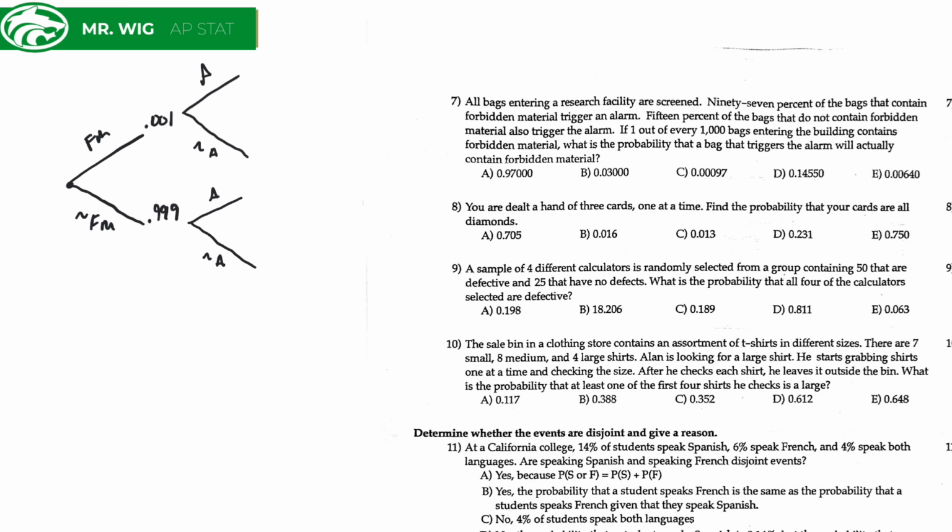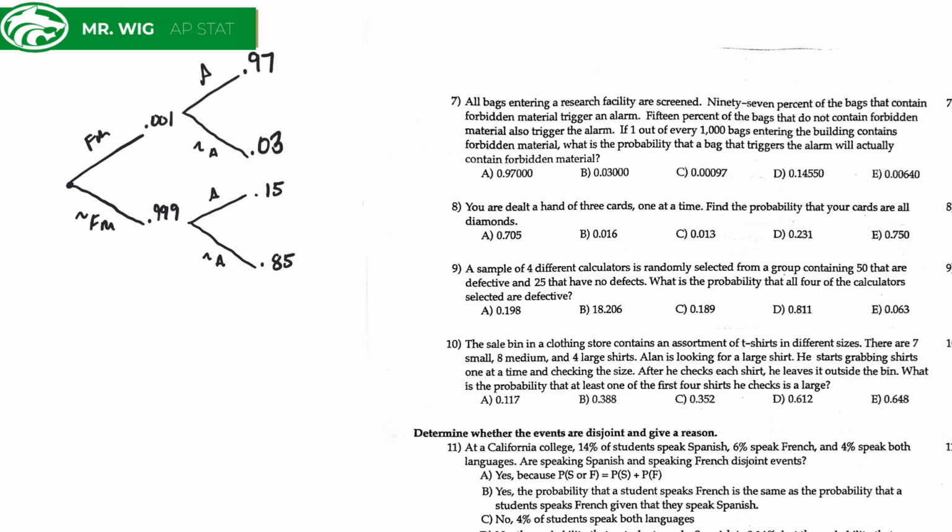Because the probabilities will change based on the path that I take. So when we are following this path down, I'm literally saying if it has forbidden material, the alarm goes off what percent of the time, and you are correct, it is 97%. That would mean there's a 0.03, not 3, not 0.3, but 0.03. 0.3 is 30%. I see that mistake a lot. What about if you don't have forbidden material? What's the chance the alarm goes off? 0.15. Good. 0.15, and then, of course, 0.85 would be here.